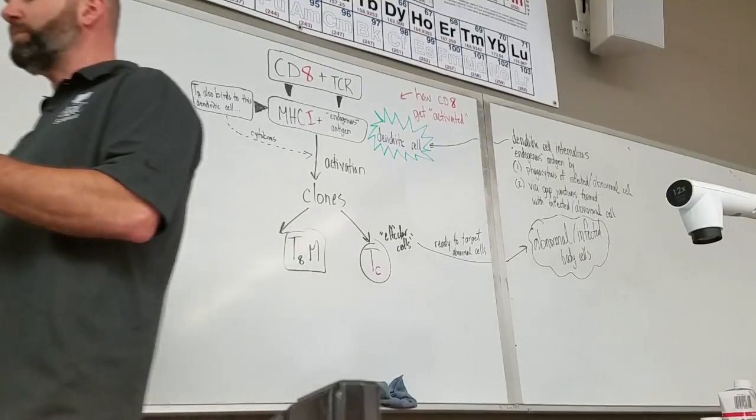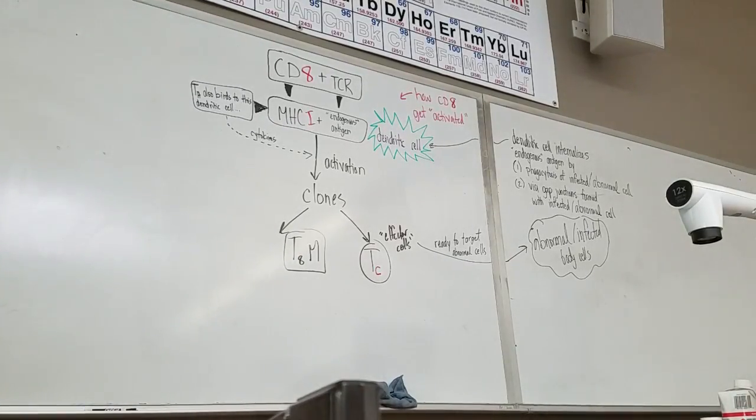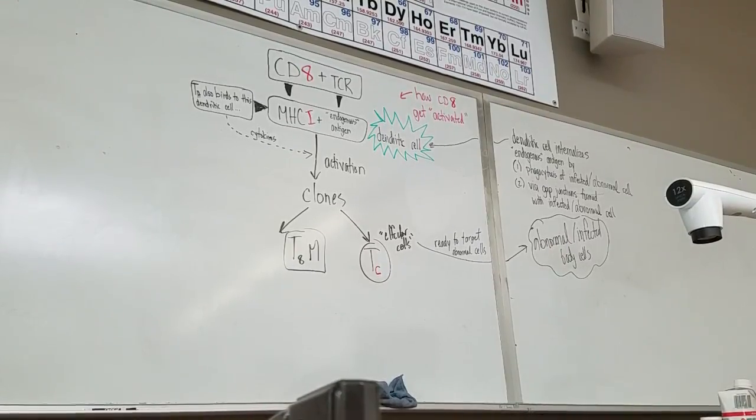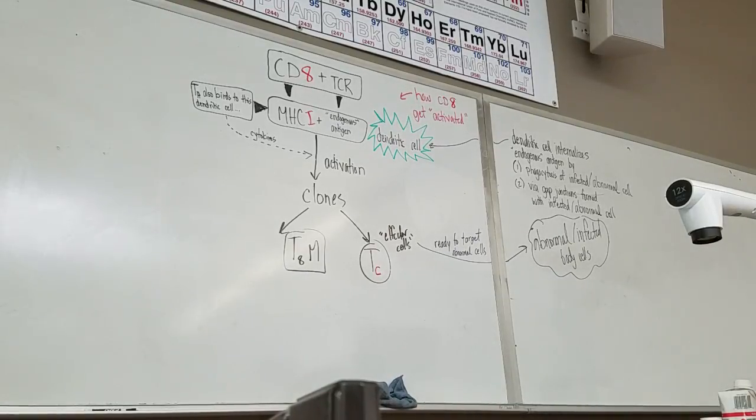I just skipped over it. So after it says infected or abnormal body cells present endogenous antigens to CD8 T cells via class 1 MHCs, it says note, we now know that APCs, dendritic cells specifically, also use class 1 MHCs, allowing them to activate CD8 T cells. How?